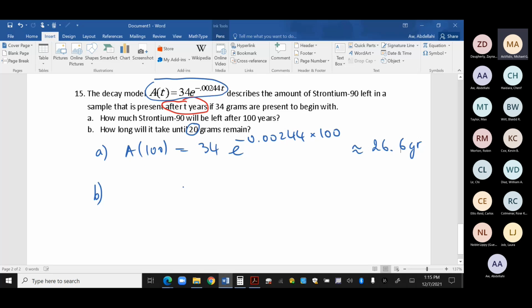The A. 20 grams here is A of t. So we're going to have 20 equals 34 e to the negative 0.00244 t, and we're going to solve for t, right? Okay, so go ahead. How are you going to solve for t?